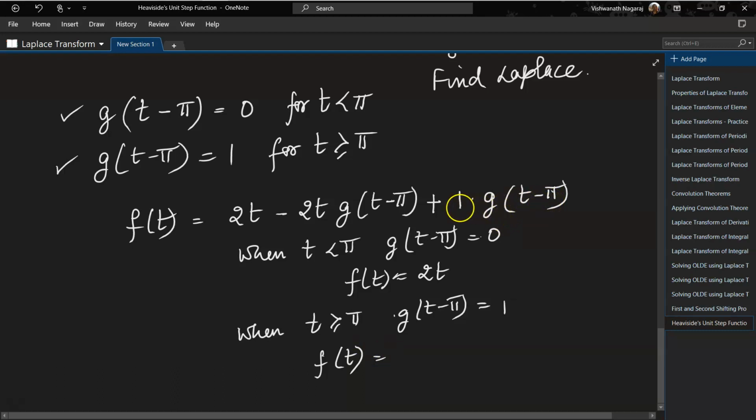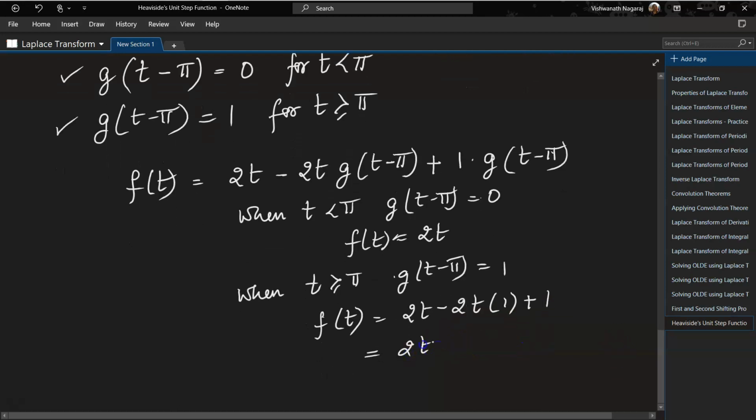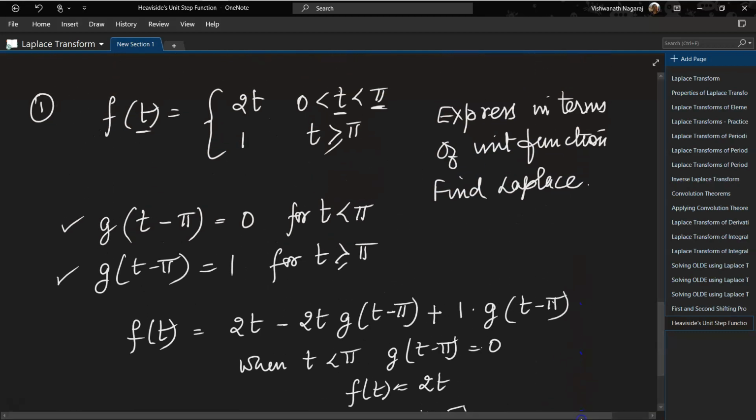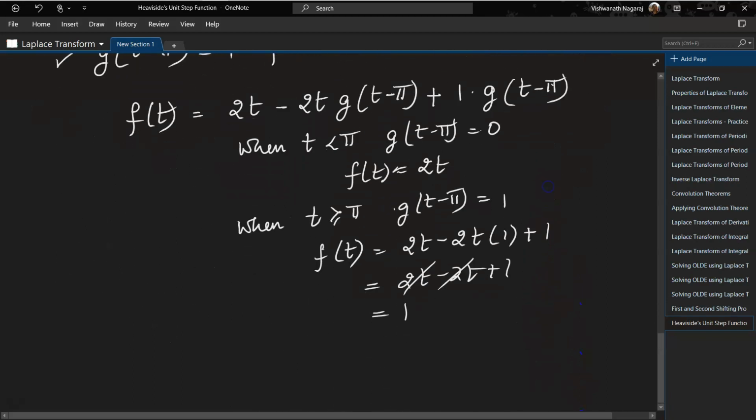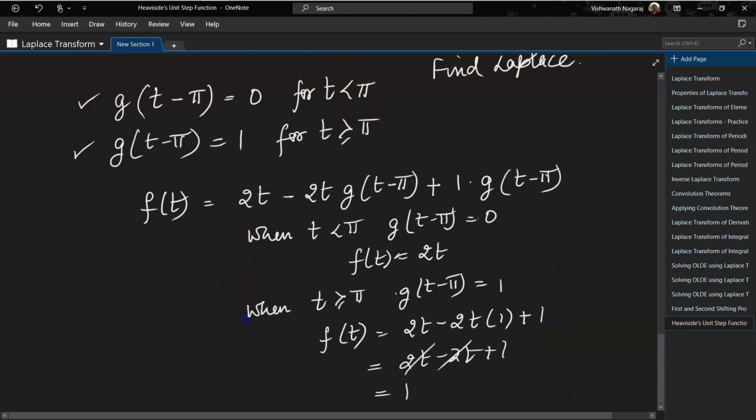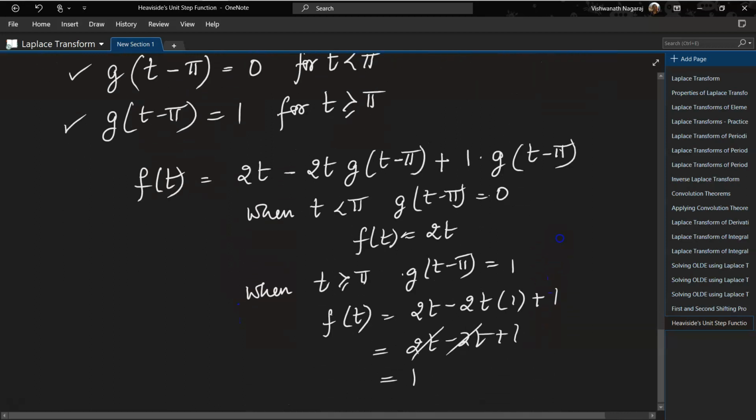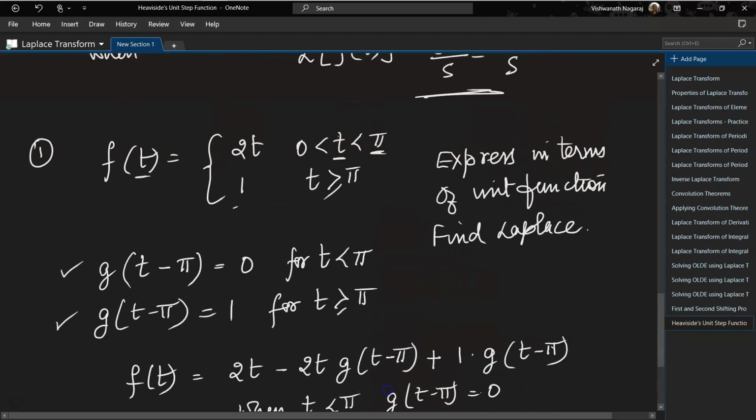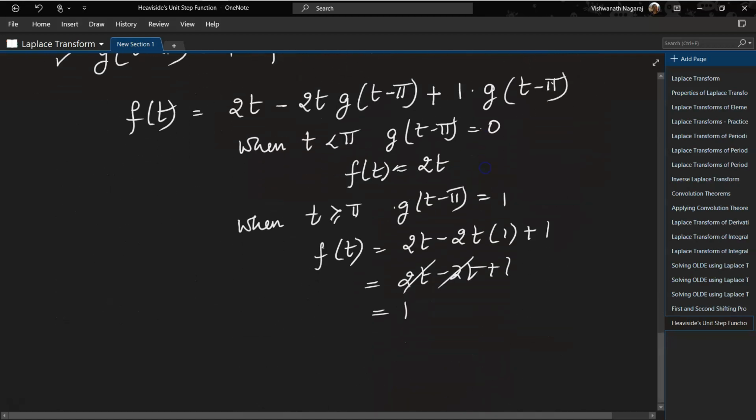So what happens to f of t? g of t minus pi is equal to 1, so 1 times 1 is 1. So 2t minus 2t is 0. So let's say 2t minus 2t times 1 plus 1. So 2t minus 2t plus 1. These two get cancelled out and we are left with 1, which is what we wanted. So you have to arrive at this in such a way that your original function is satisfied.